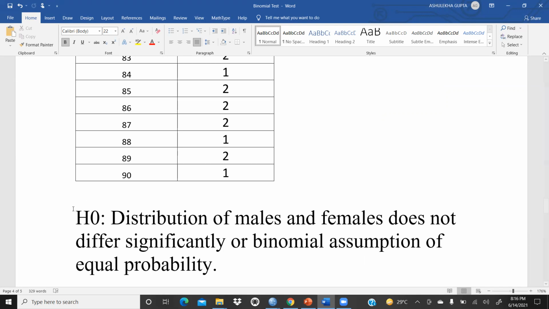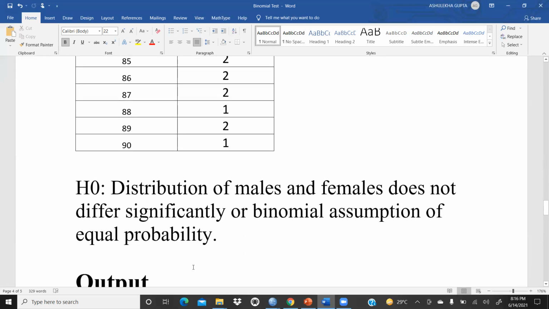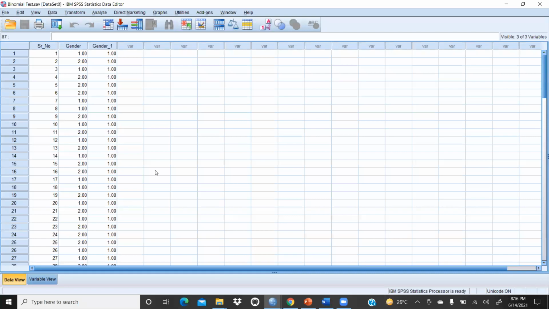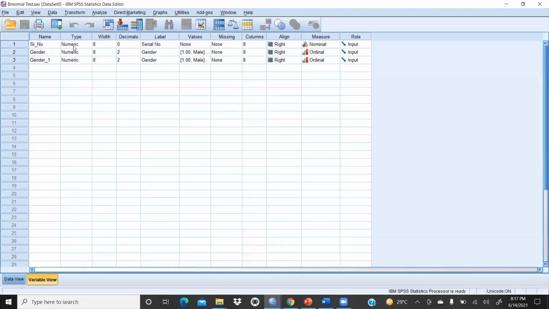This is again hypothesis testing, a non-parametric test, the binomial distribution. So what I have to do: I have taken my SPSS file. In the SPSS file there are serial number and gender 1. Why I took gender 1, I will explain later on. First, we will work on serial number and gender, right?